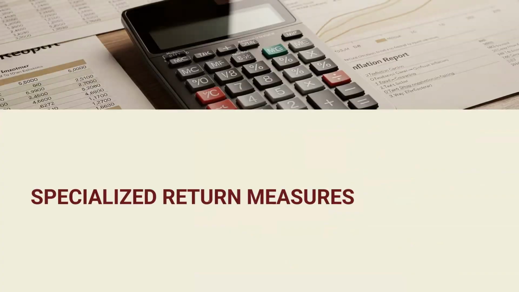Now, when we talk about specialized return measures, we are basically trying to account for different kinds of fees, leverage, even inflation sometimes, in all the return calculations. So, when we talk about gross versus net returns, what are gross returns? Gross returns are those returns which do not include any kind of fees, the management fees, admin fees, all these things.